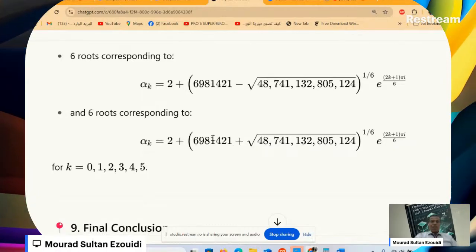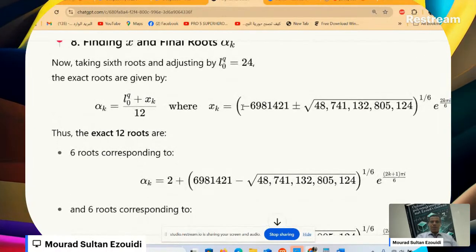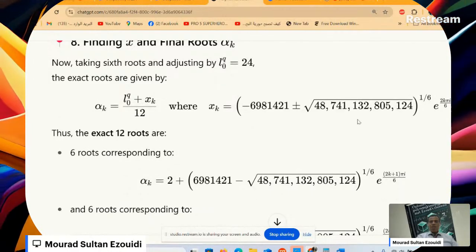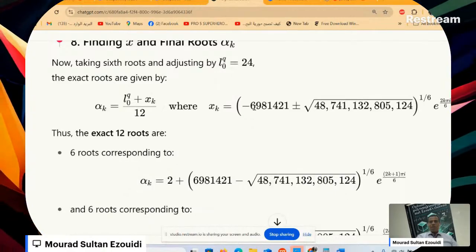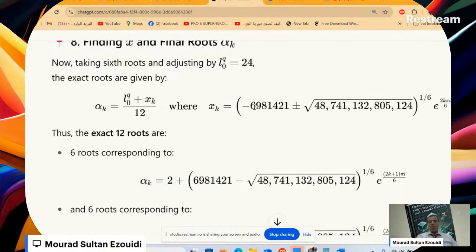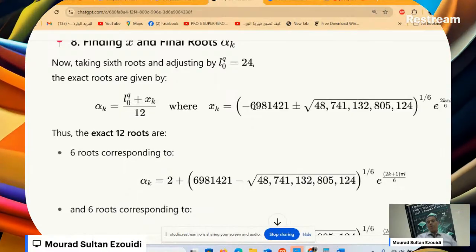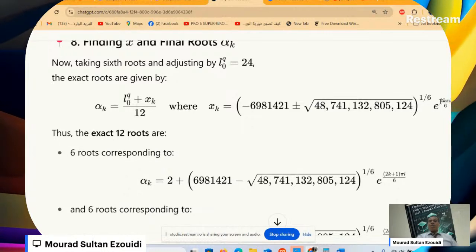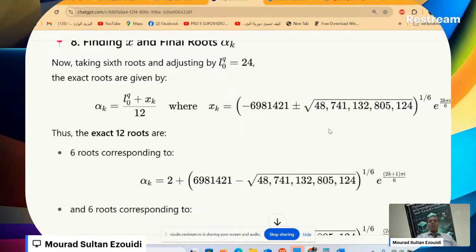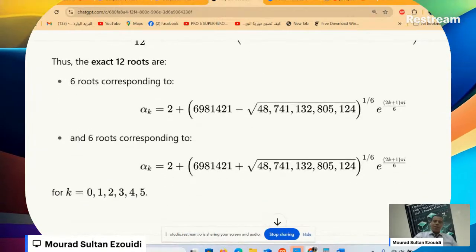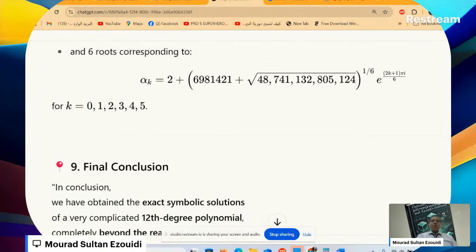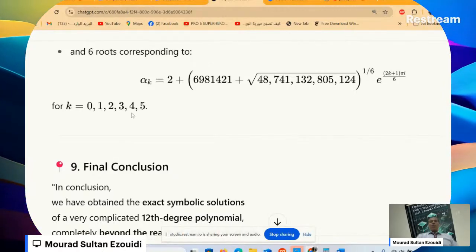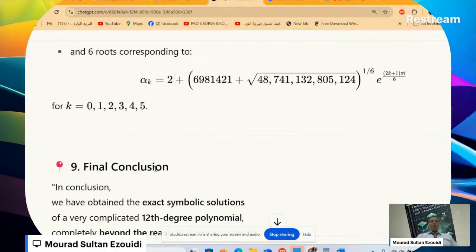Because this term was before negative, you see here, this one was negative. I will write negative sign. Okay, I will write minus 1 times this, so the sign of this changes. When it was positive, it will become negative, and when it was negative, it will become positive. So I will write as exponential I pi divided by 6, I will put it here. Same base exponential, I will add the exponents. Okay. Here, this is for k equals 0, 1, 2, 3, 4, and 5.